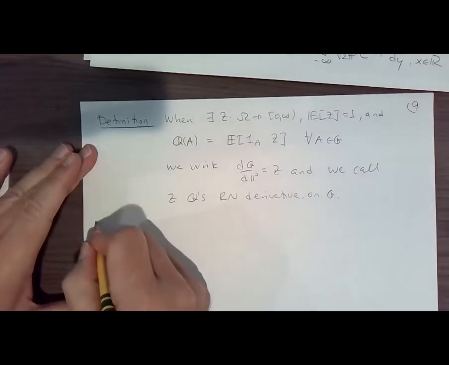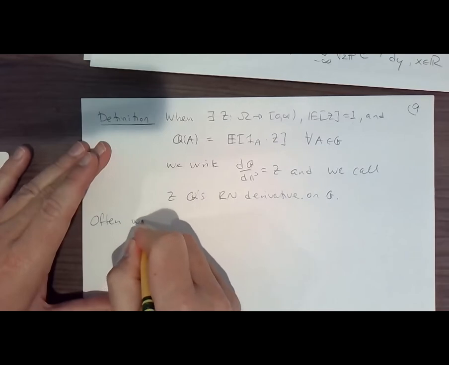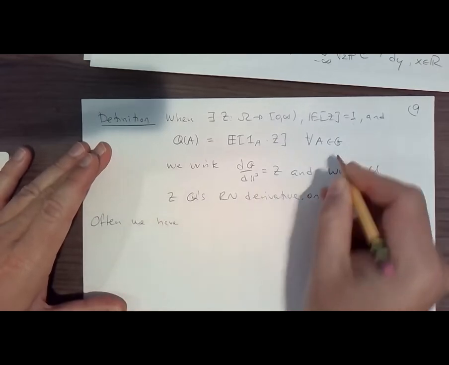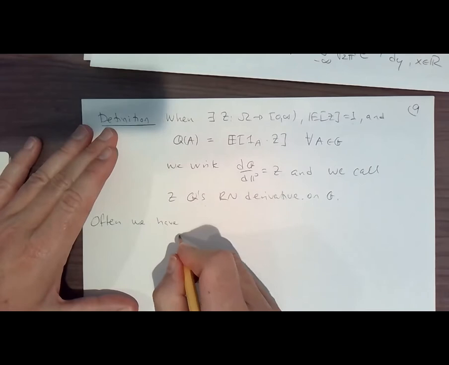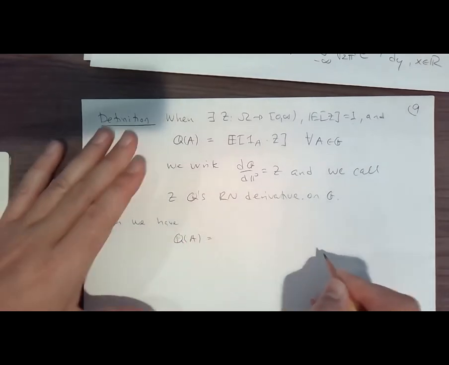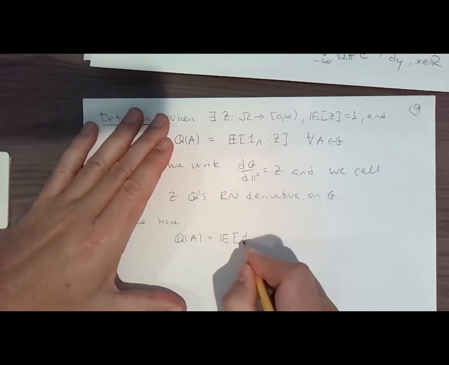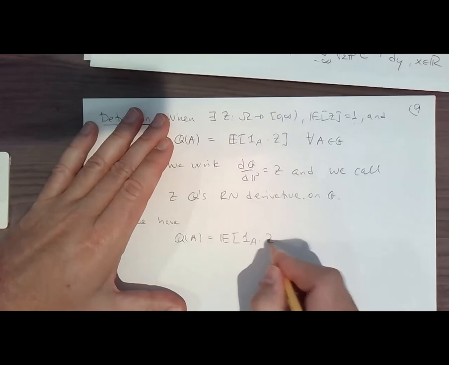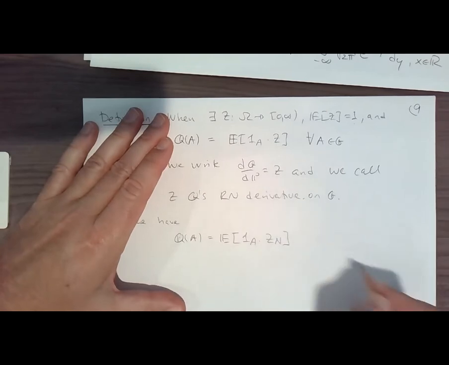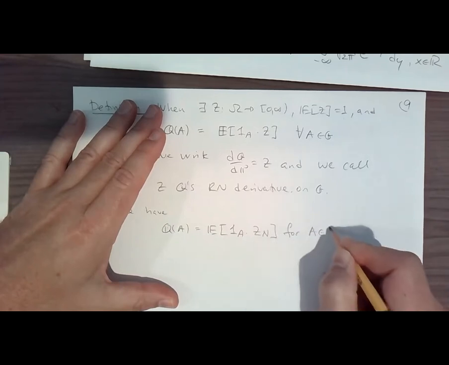Often we have this G up here. Often we have Q of A given by some Radon-Nikodym derivative, let's call it Cn, for A in Fn.